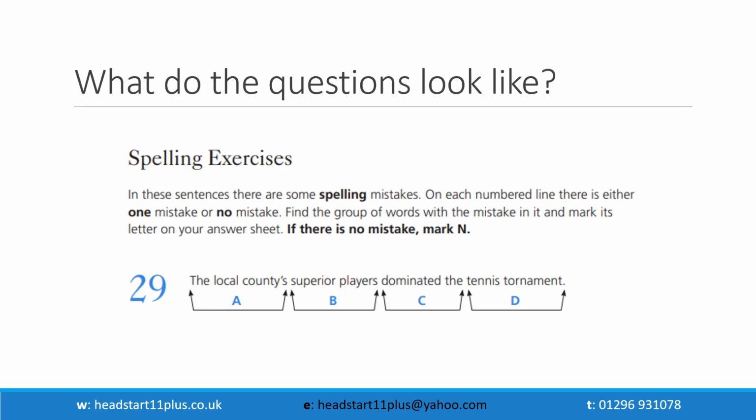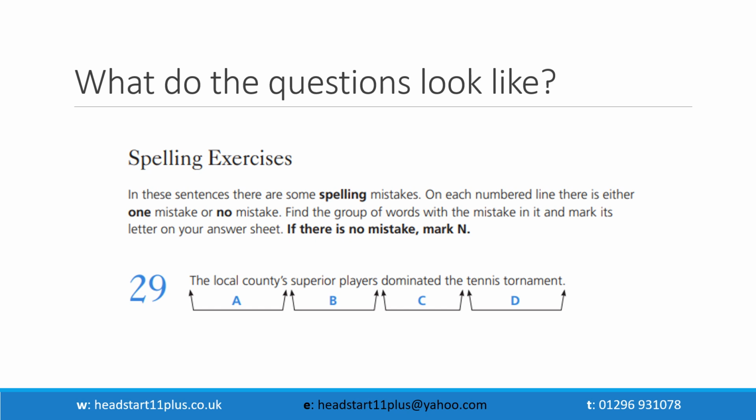So first of all, what do the questions look like? What you will be given for the spelling and punctuation section is a section that looks like this. We've just taken a random question, question 29, from a GL Assessment paper. You'll have a passage of text that runs, and within there may be a spelling error or a punctuation error.